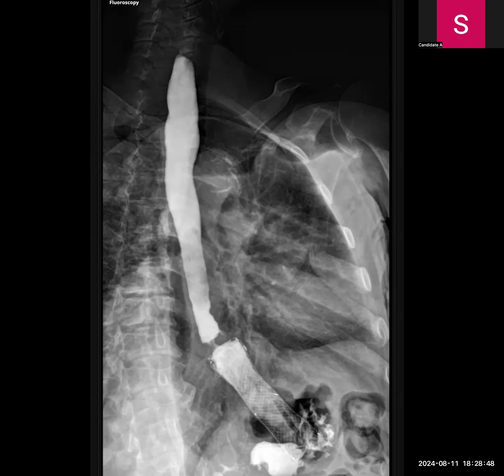Just above that, I can see an area of abrupt cutoff with luminal narrowing. The proximal esophagus appears mildly dilated. I do not see any ulcers or mucosal irregularities or filling defects above it.